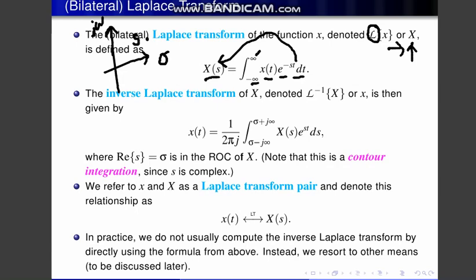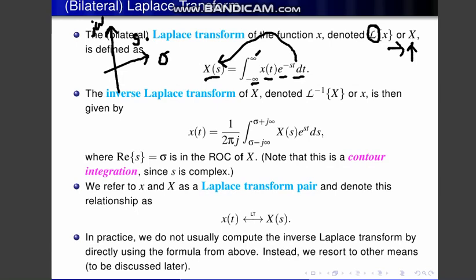But here the time domain has been transferred to the s plane. S plane means complex plane, and the inverse transformation is quite similar.